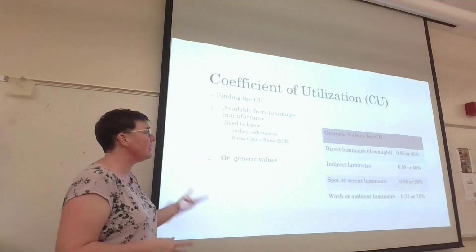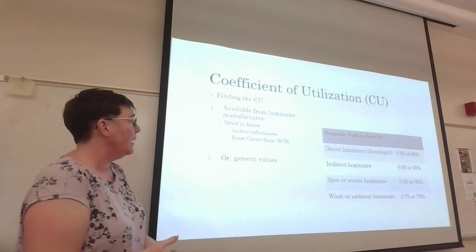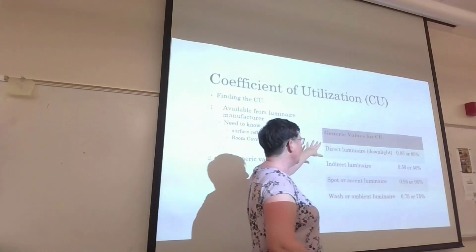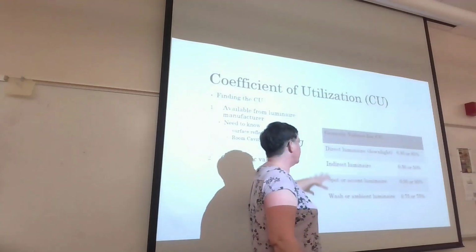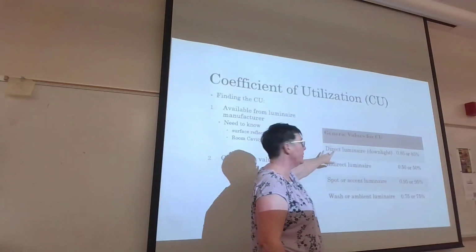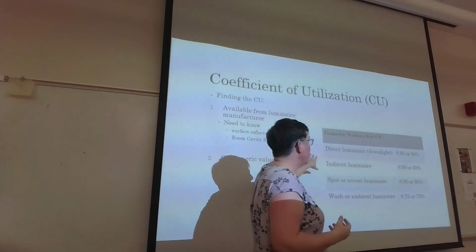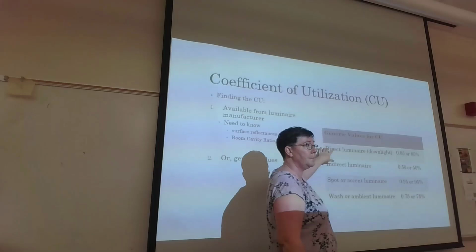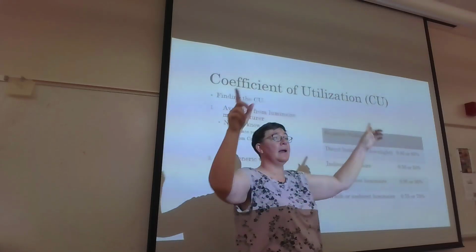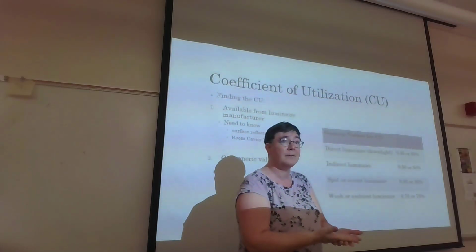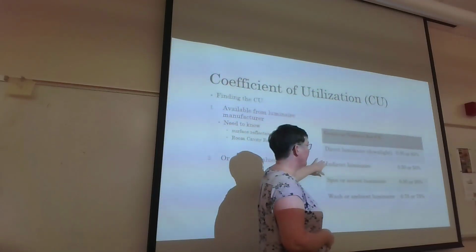So we need some different numbers depending on what kind of luminaire you are using. If you're using a direct downlight luminaire, like a recessed can light, use an 85% value. If you're using an indirect luminaire, realize that the light is going to bounce around before it arrives at the task surface, and so we're going to have a lower coefficient of utilization, only 50%.